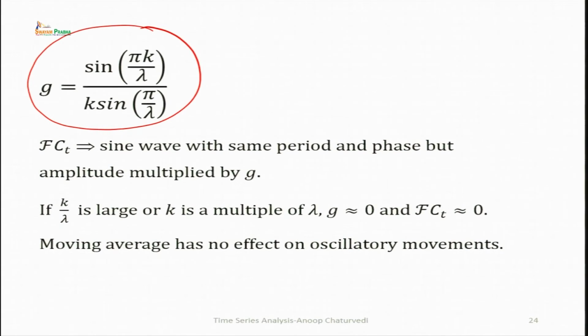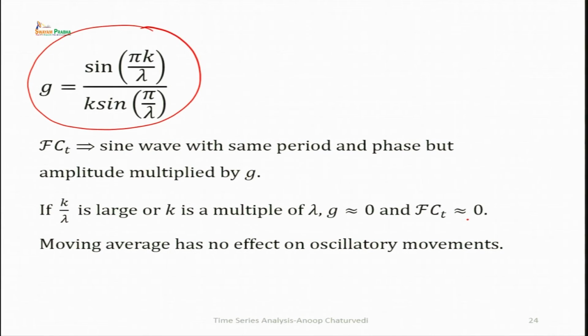Now, suppose k upon lambda is large, or k is a multiple of lambda. So, if k is a multiple of lambda, then sin of pi k upon lambda becomes 0, and this makes f C t approximately equal to 0.